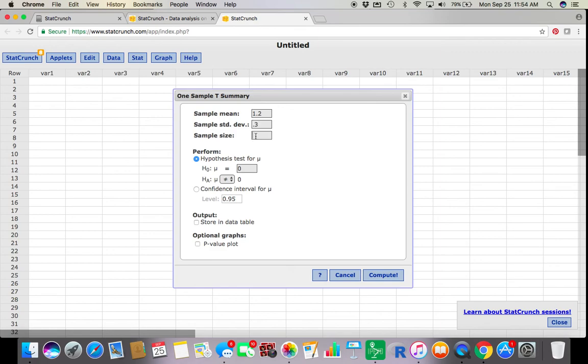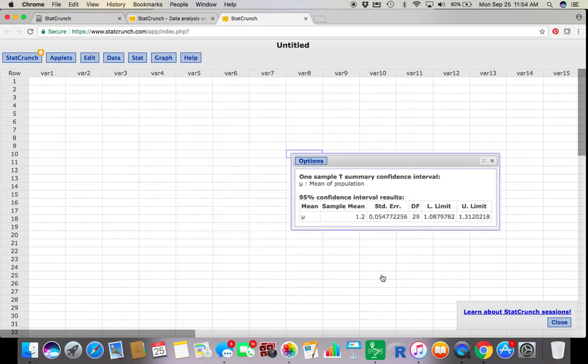My sample size was 30. And I want the confidence interval 0.95. And compute. So you see we get 1.088 and 1.312 just as we did by hand. Guys, I think I would tattoo it to the brain that anytime I want a T interval, I'm going to plug that information into StatCrunch and go for it.